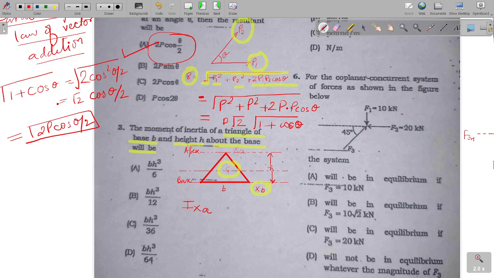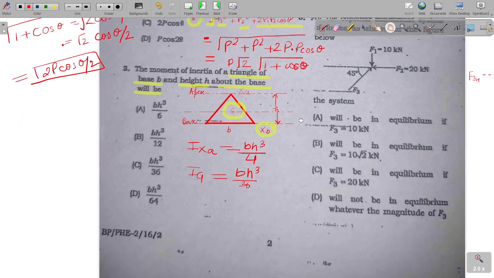So about the apex, it will be bh cube upon 4. So h is the height of the triangle and b is the base width, so it will be bh cube by 4. Then moment of inertia about the center of gravity will be bh cube by 36.